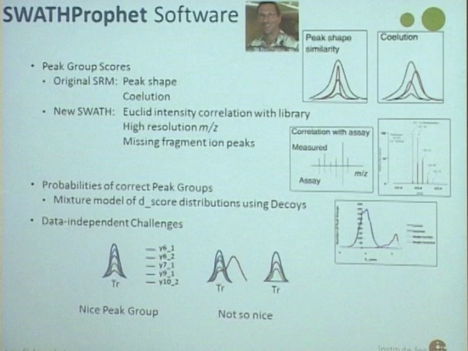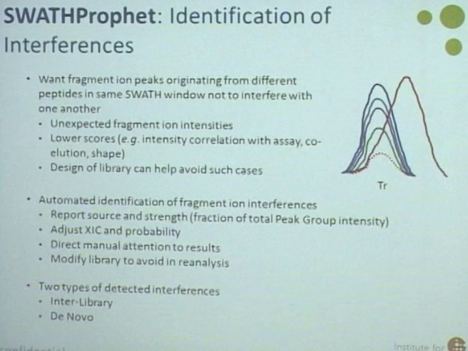But in general with SWATH, you always end up with a number of peak groups that are not as nice as what you would expect, and you get a number of different fragments that are coeluting, and you've got to try and work out which of those fragments or transitions are actually coming from a different peptide, and what those transitions really mean.